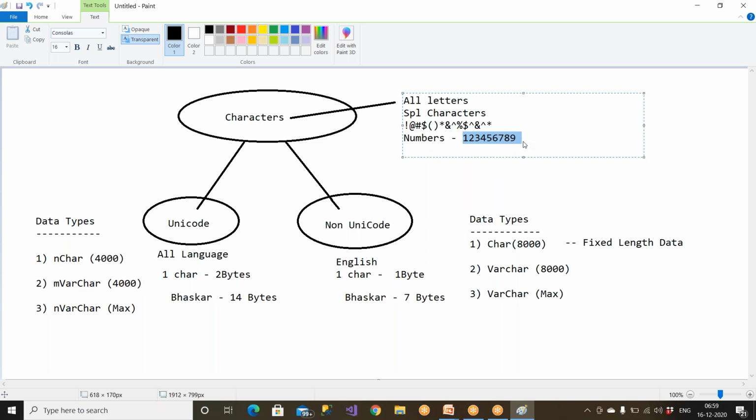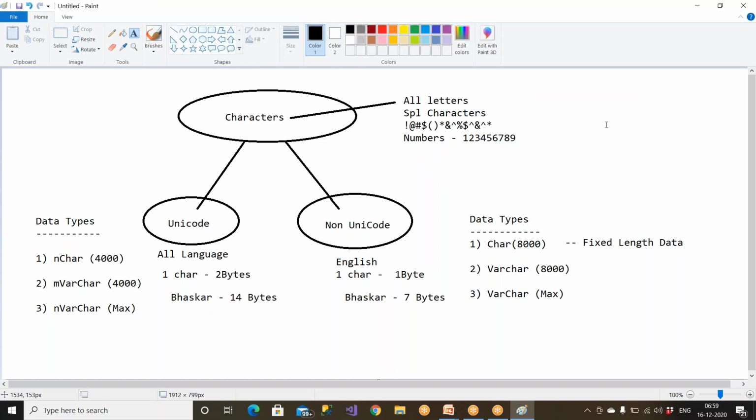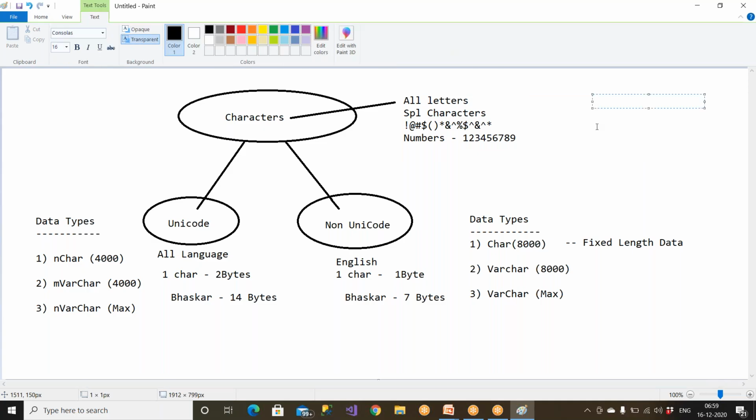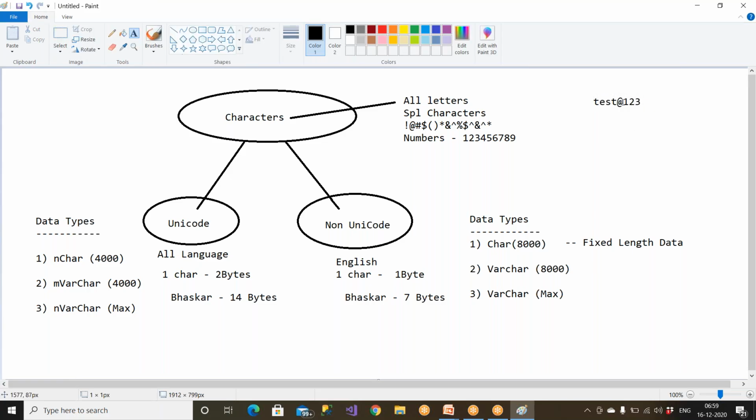Clear? For example, I wanted to create my password. So what is my password? I'll say test at the rate 123. So this is string data, or you can say character data. Test, the at the rate symbol, and 123. This is purely character data. It is not integer data.